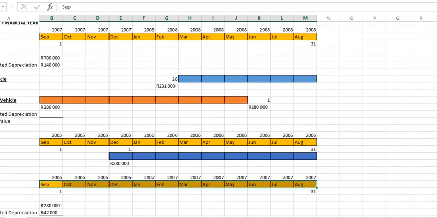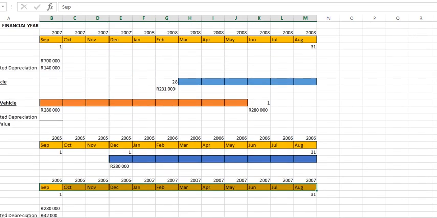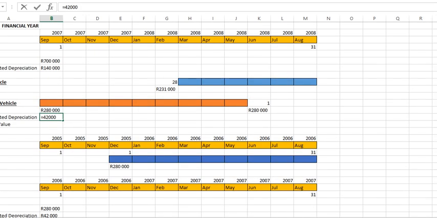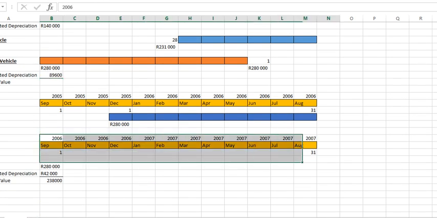In our current financial year, we know that this vehicle has a cost price of 280,000 Rand, and it will then have accumulated depreciation of 42,000 Rand from the 2006 financial year, plus 47,600 from the 2007 financial year.